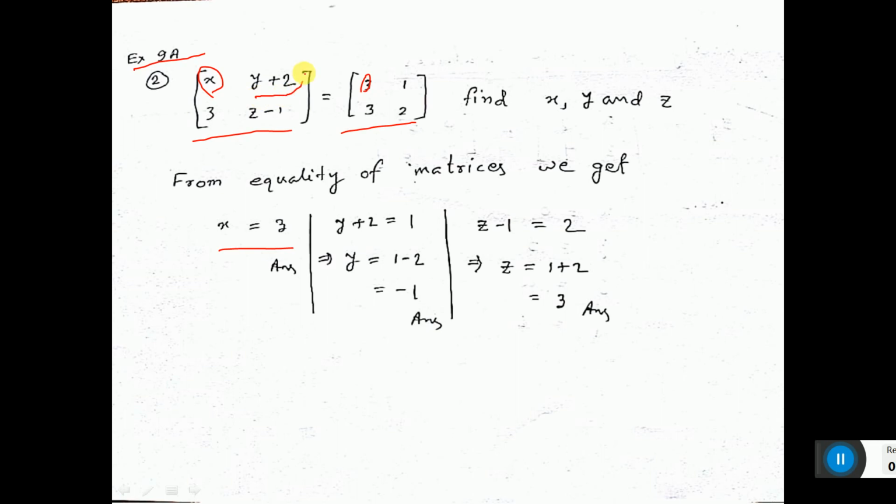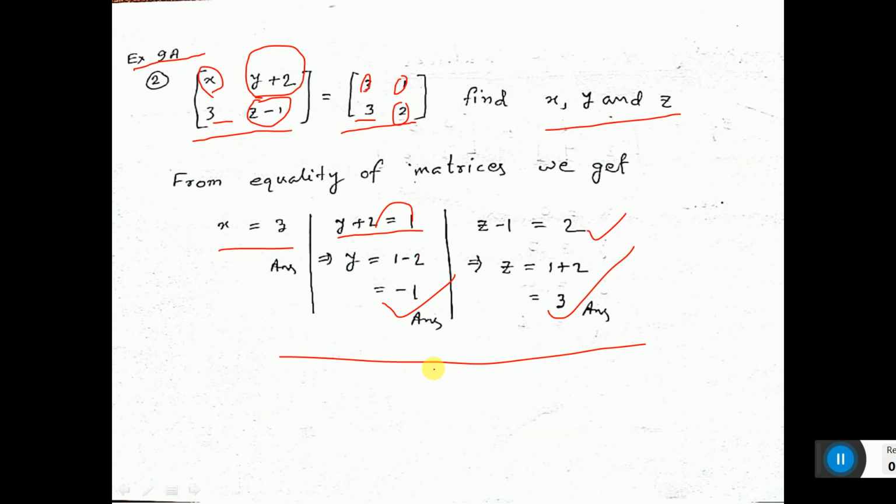Then y plus 2 corresponds to 1, which I have written here, and from there the answer has come minus 1. Similarly, you can write 3 equals 3, which I have not written because I will not get any result from it. But I have written z minus 1 equals 2 because this is the corresponding element. Taking the 1 to the right side, you get the value of z. So all the values of x, y, z you have got. The sum is done.